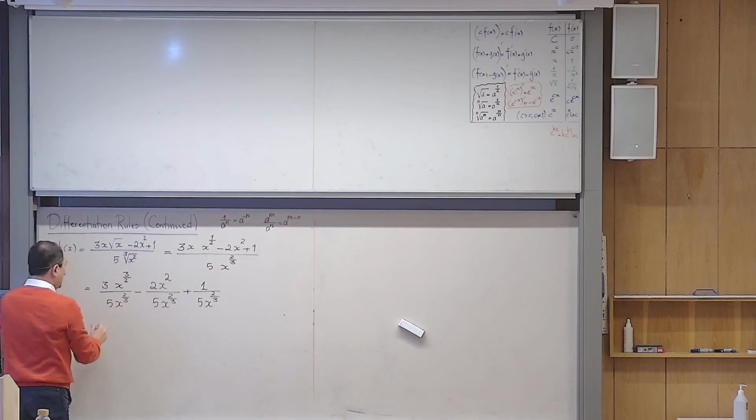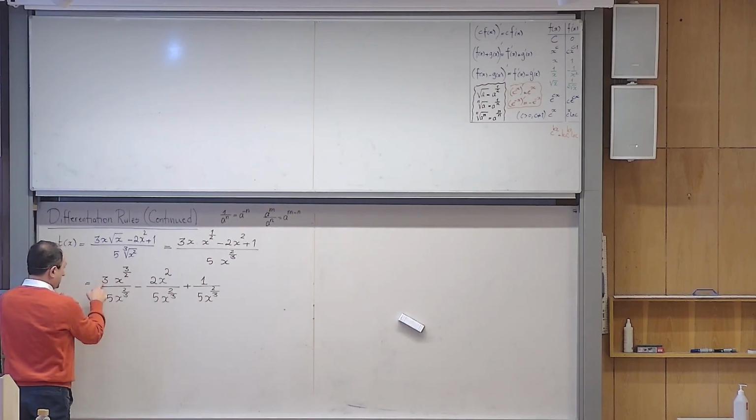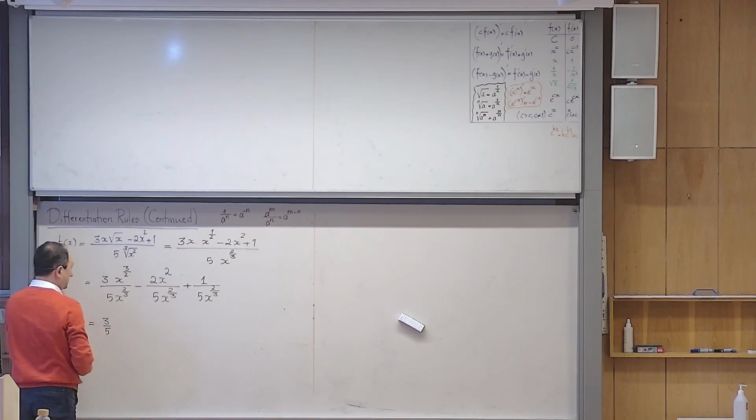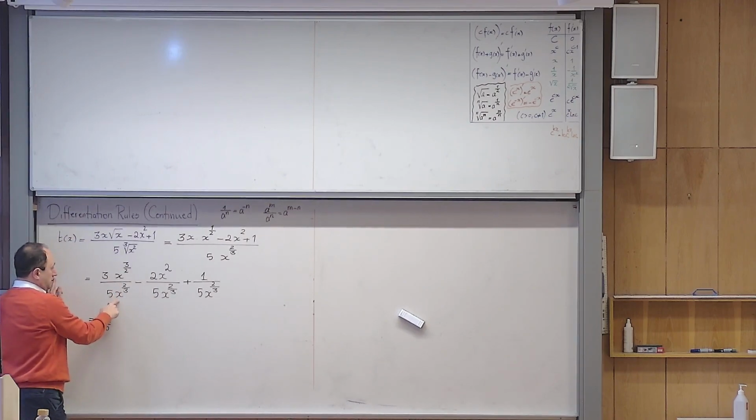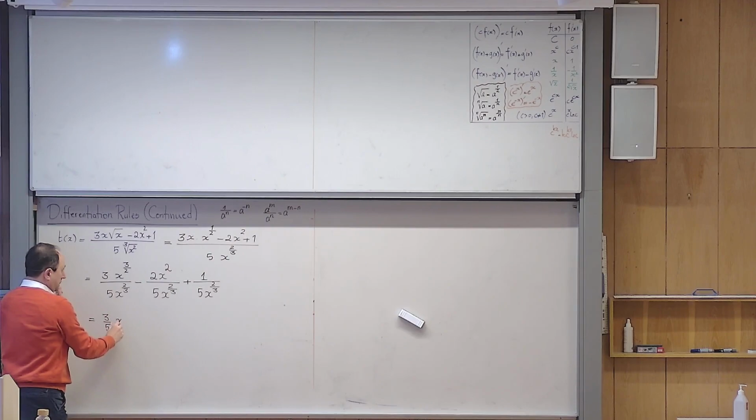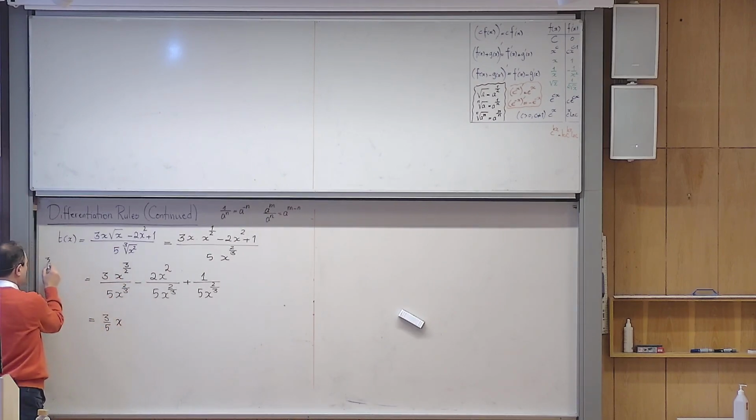Okay, so what I do here, first of all, these are numbers, so I divide them, it becomes 3/5. x and x are the same, so I write the same x. I subtract these exponents, so I have 3/2 minus 2/3. So the common denominator is 6. To this 3 times, it is 9. To this 2 times, it is 4. So it is 5/6.